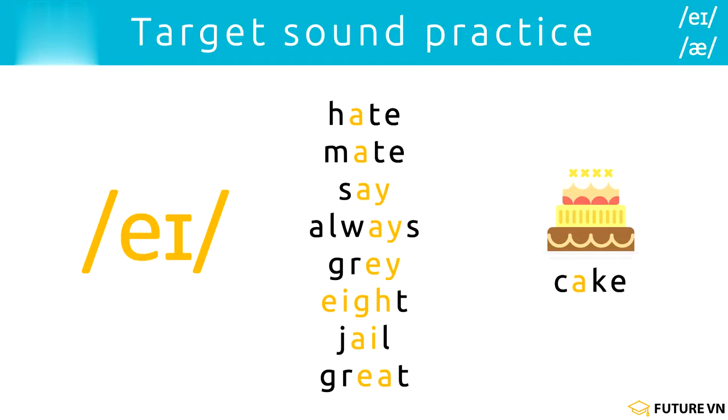These are the two symbols that represent this English sound, A. So I'd like you to look at this word list. Notice that I've highlighted in orange the part of the word where the sound appears. So notice that and repeat each word after me, focusing on the vowel sound we are targeting.